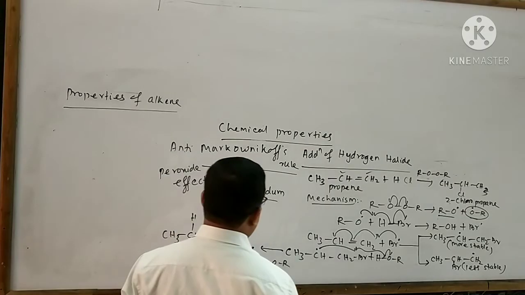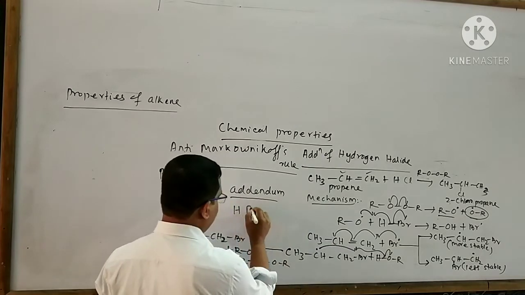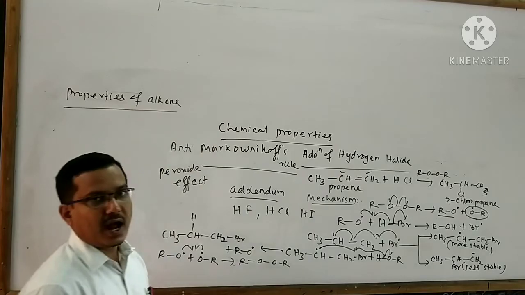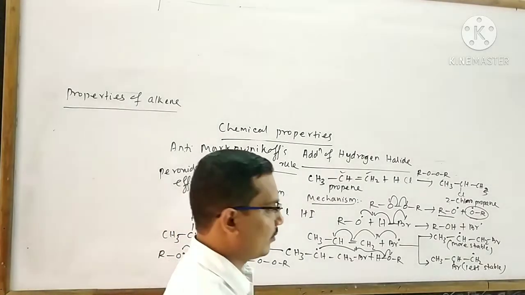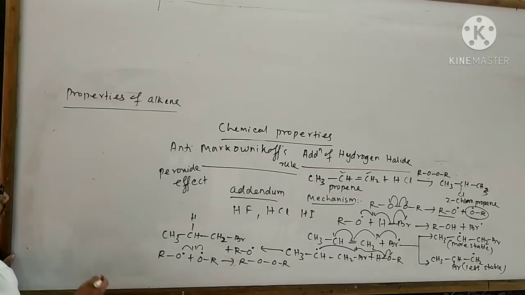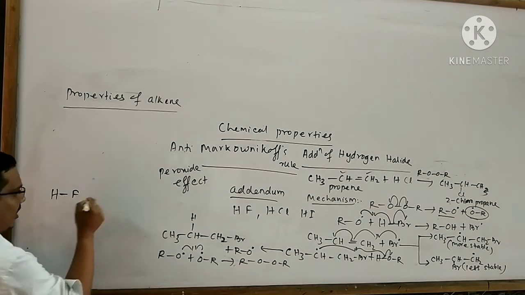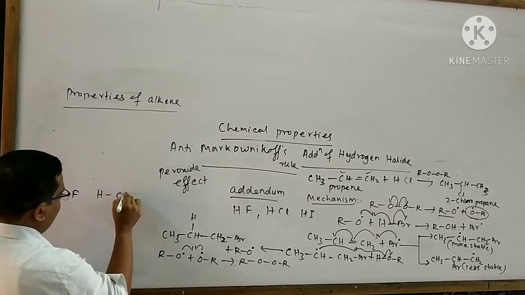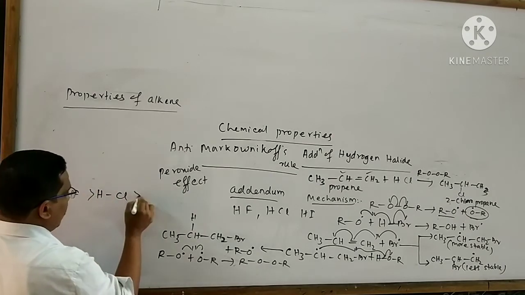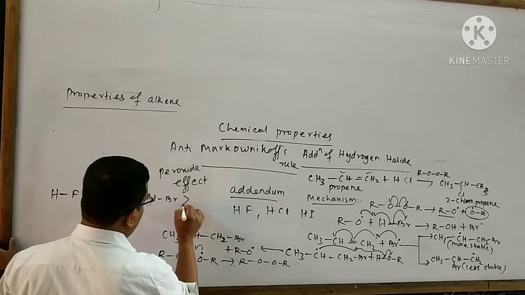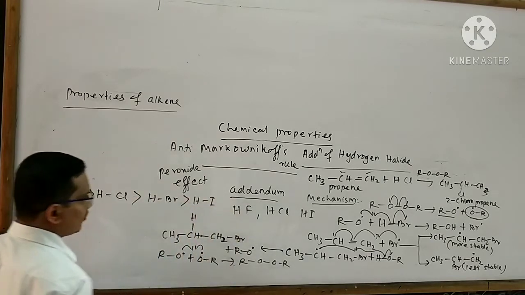Then a question will arise: why do HF, HCl, HI not obey anti-Markovnikov's rule? If you think about the different hydrogen halides, then in case of HF, this bond is stronger than H-Cl, which is stronger than H-Br, which is stronger than H-I.